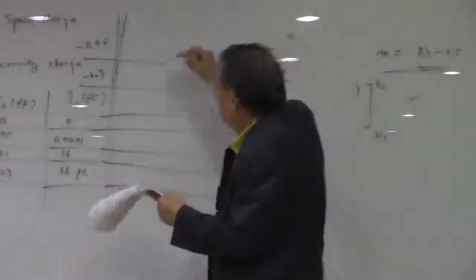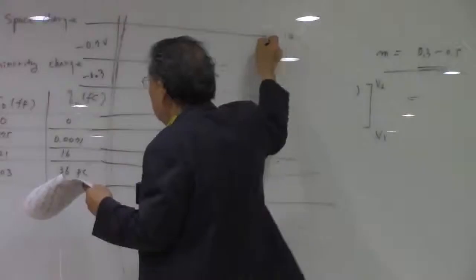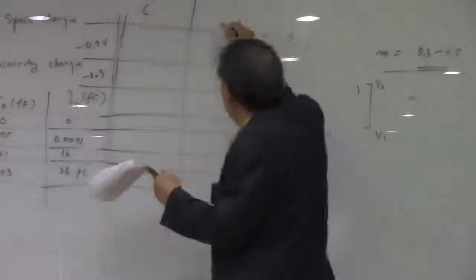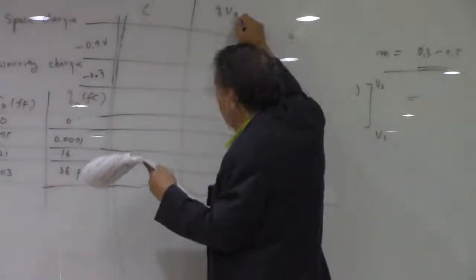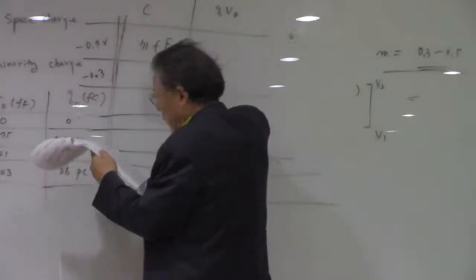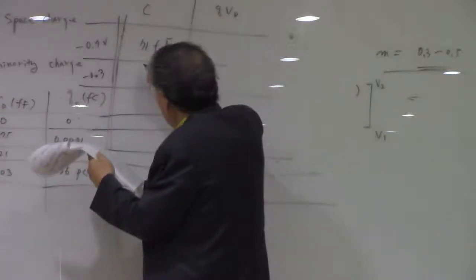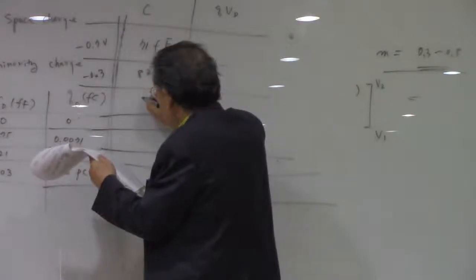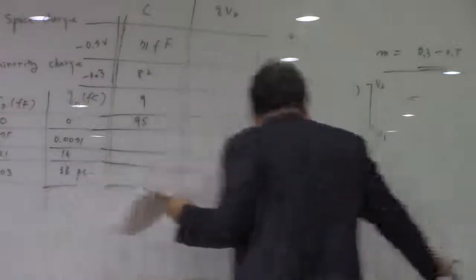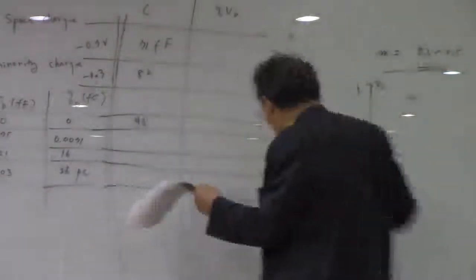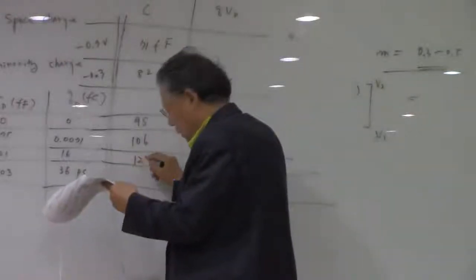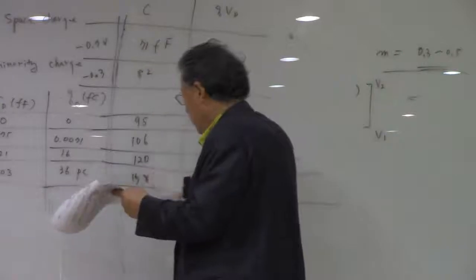We have values of the junction capacitance and then the QVD. Here 71 femtofarads, and 82, 95, and 106, 120, 158.